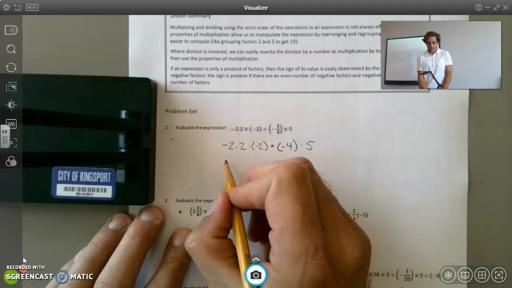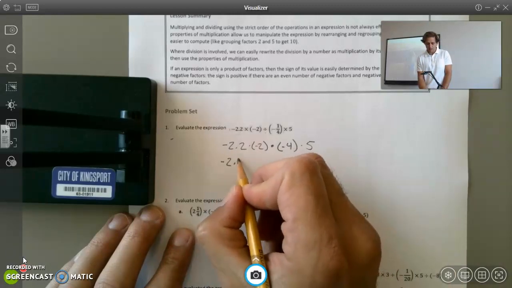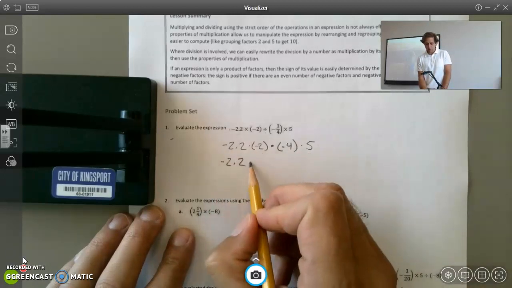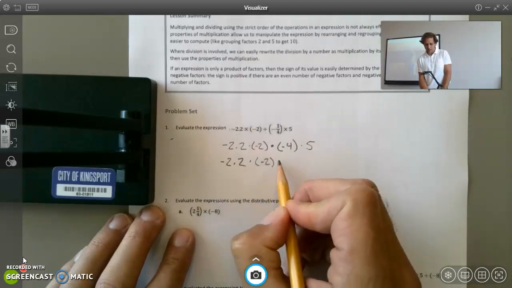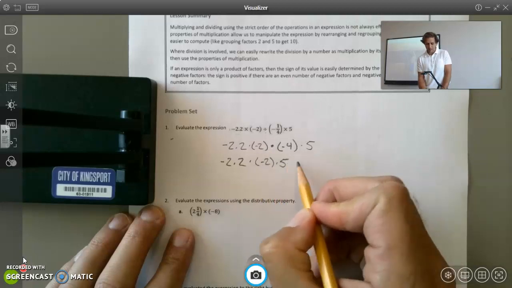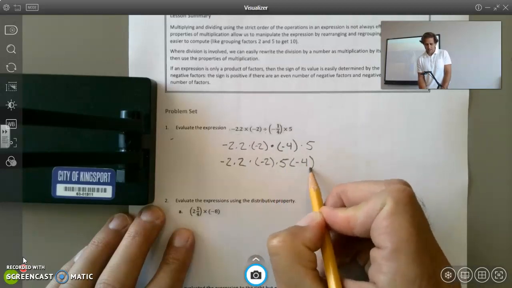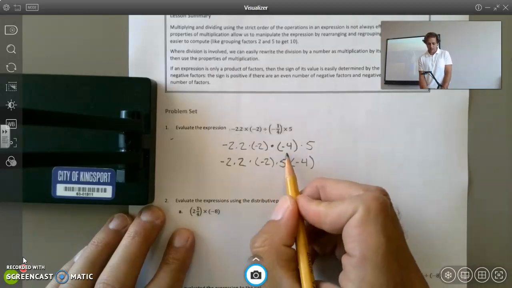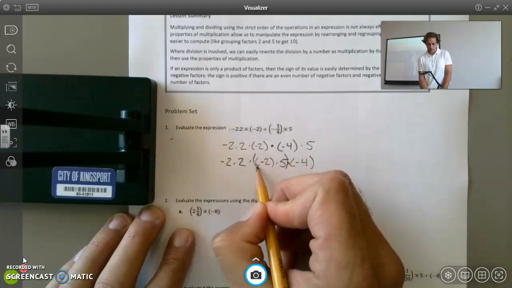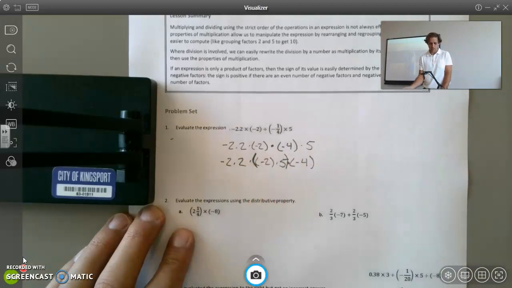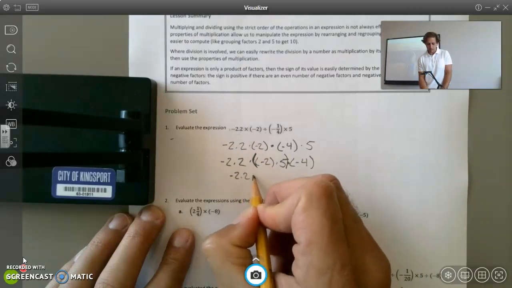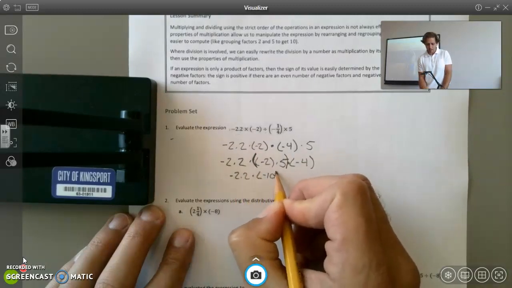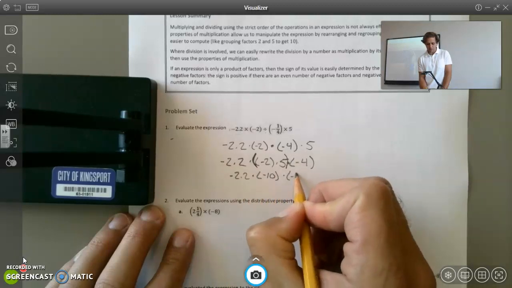So if I want to take negative 2 2/10, and I'm going to actually change the order here, I want to multiply negative 2 times 5, because that's going to create 10. So I'm going to move them. I'm going to put some parentheses to show that I'm associating them together. Negative 2 2/10 times negative 10 times negative 4.